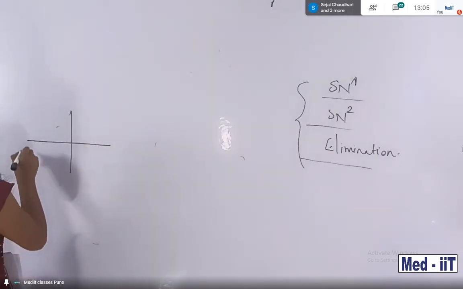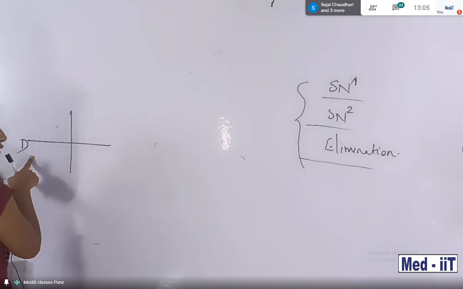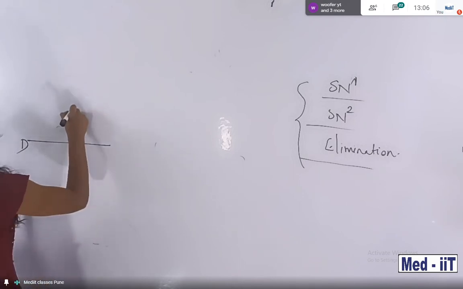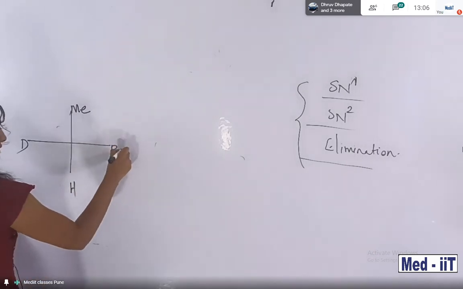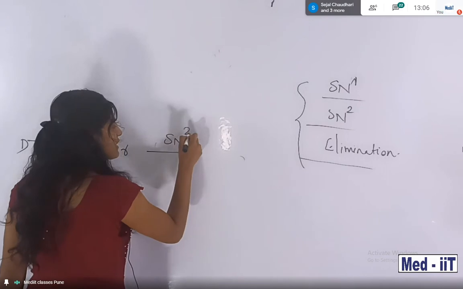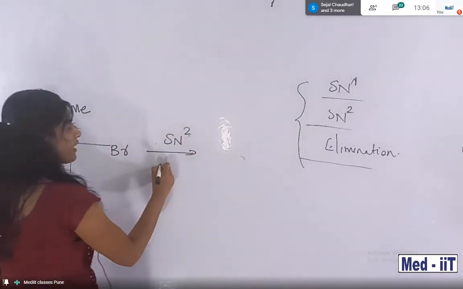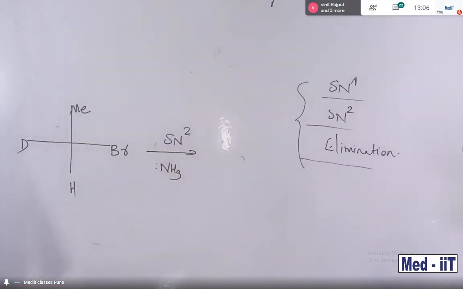D is for deuterium, one of the isotopes of hydrogen, that is called deuterium. Deuterium is here, methyl group is here, hydrogen is here, bromine is here. So an SN2 reaction is carried out in the presence of ammonia, same reagent. Can you predict the result?